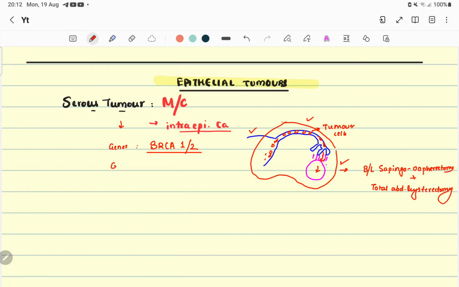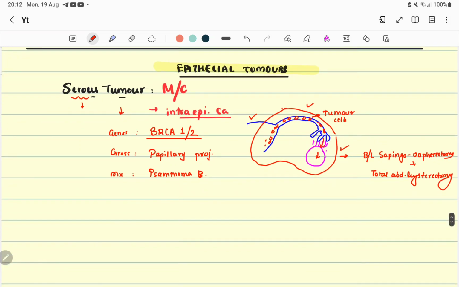In the gross appearance, serous tumor means there will be papillary projections, so you will write papillary projections, and in microscopy you will write psammoma bodies. And the mutation associated with this is the p53 mutation. If it is associated with this mutation, seen on immunohistochemistry, then it has a worse prognosis.